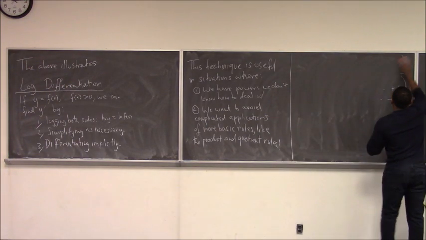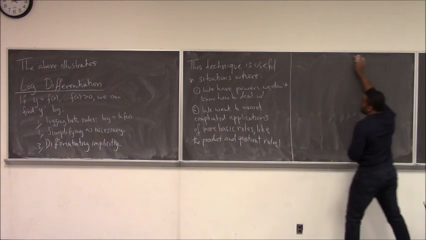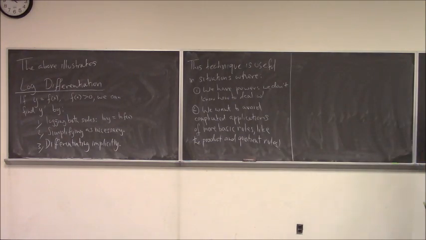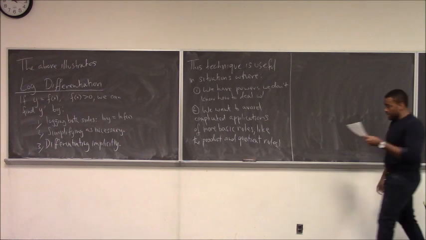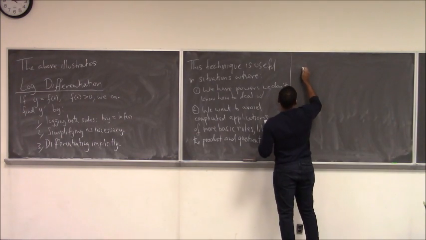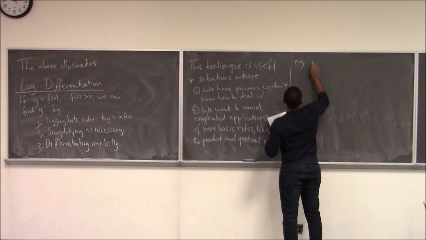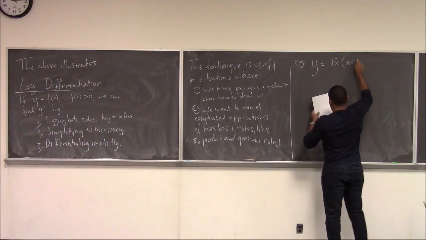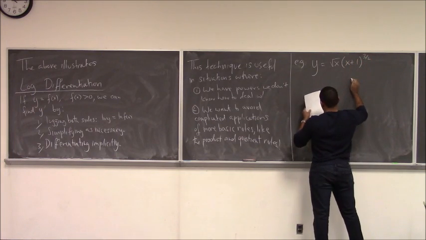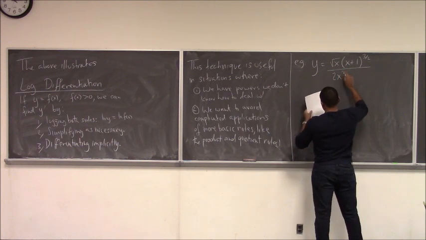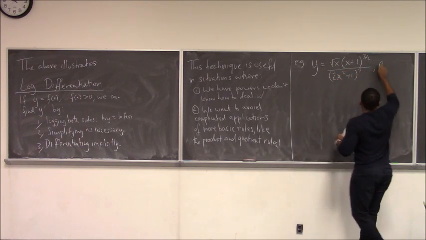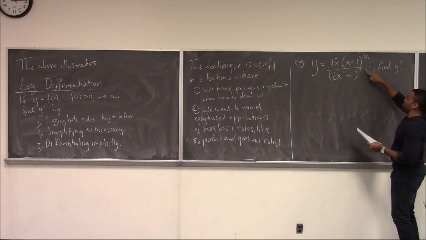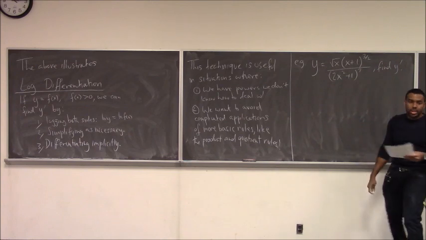here's an example of something that technically we could do with previous techniques, but we probably wouldn't want to. So imagine someone tells you your function is this, and they want you to find y prime. And I could easily make it more complicated by throwing in an e to the x here and an ln x on top of there or whatever.